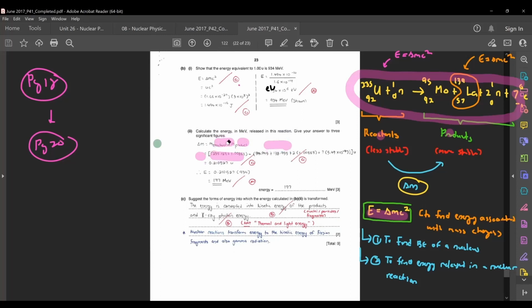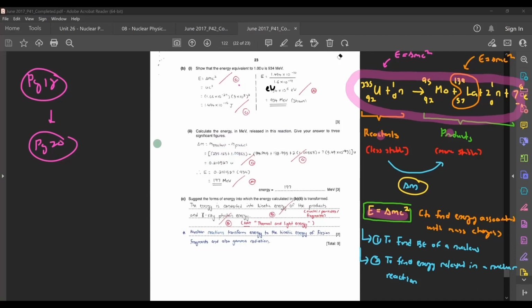So all you need to do is sub in all the values accordingly. All right, so this is your working now. Delta m is mass of reactant minus mass of product. So whatever you have here, 235.123 plus 1.00863, this is actually the mass of your reactant. This is the mass of your reactant actually.